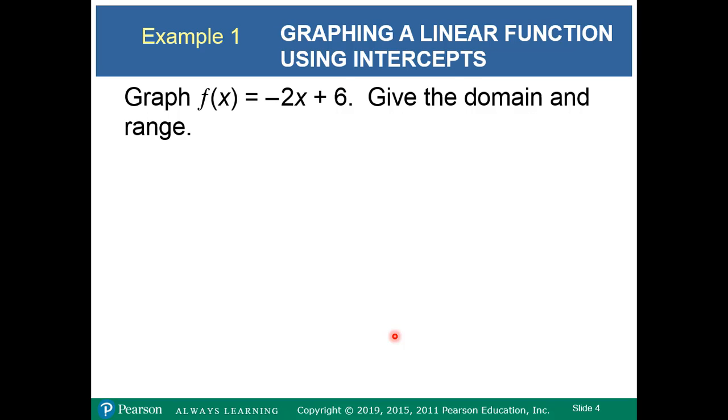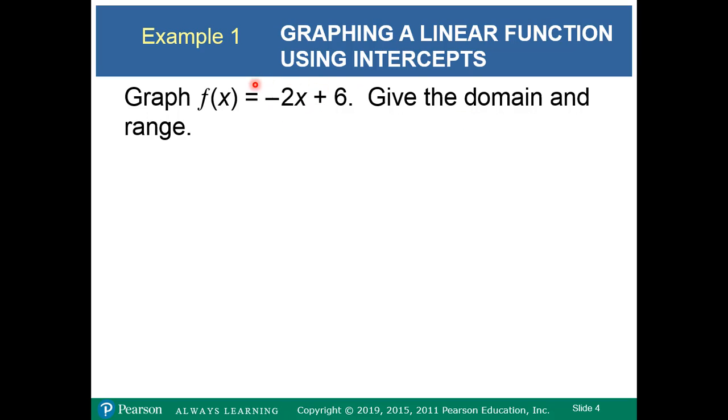in this case, for the graph of f of x equals negative 2x plus 6, we're going to give the domain and the range. Because this is not 0, we know that the range is going to be all real numbers and the domain is all real numbers.